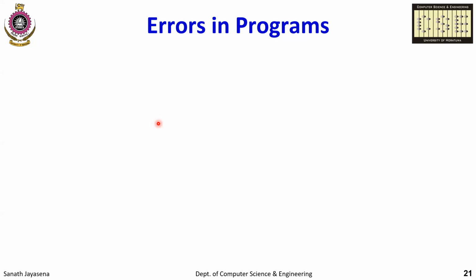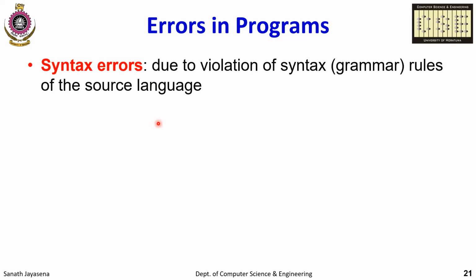So let's list some of these common errors in programs. First type is syntax errors. As I already mentioned, when you violate the syntax rules or the grammar rules of the source language, you get syntax errors. If you have syntax errors in a program, you cannot execute it because the translation itself cannot happen.